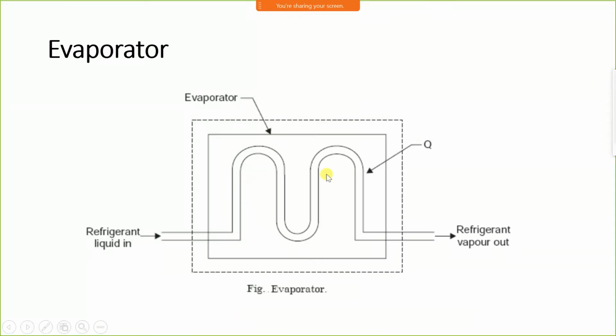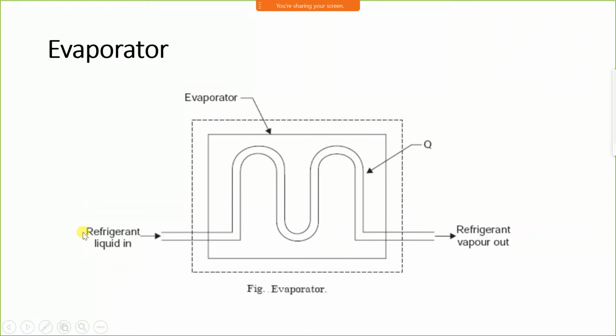It is simply a heat exchanger. Consider this rectangle as a freezer section, and this coil is a evaporator coil. In this rectangular freezer section, the stuff which is to be cooled is placed. The refrigerant is at very low temperature, below atmospheric temperature.